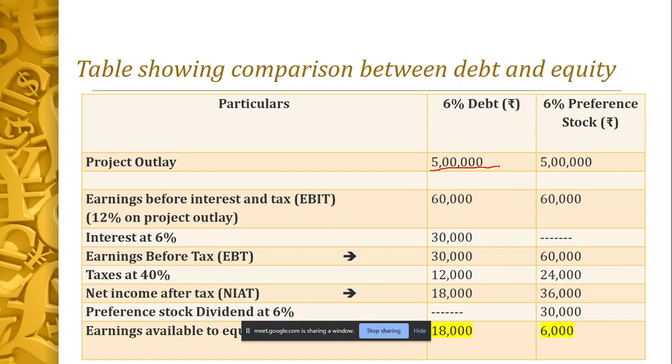Now the organization has two alternatives. Alternative 1, where it can bring this 5 lakh rupees in a way of debt, and that particular debt will be bearing 6% of interest.